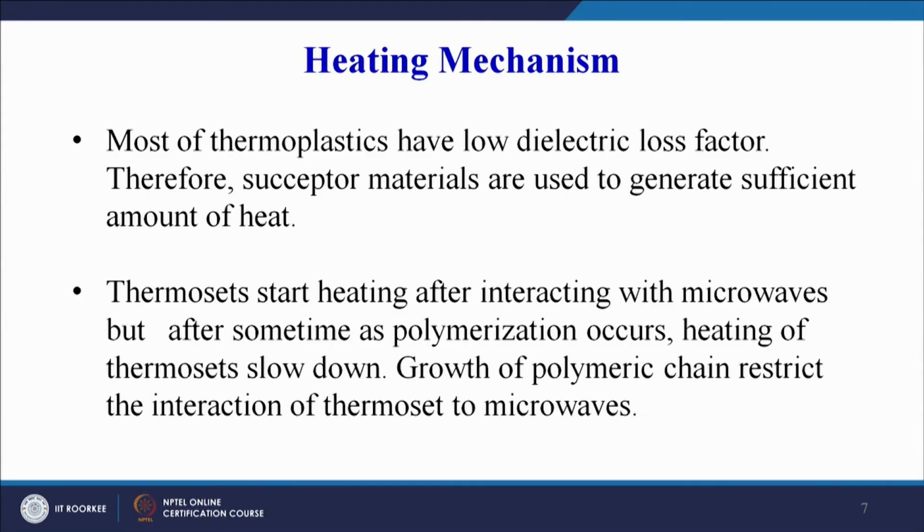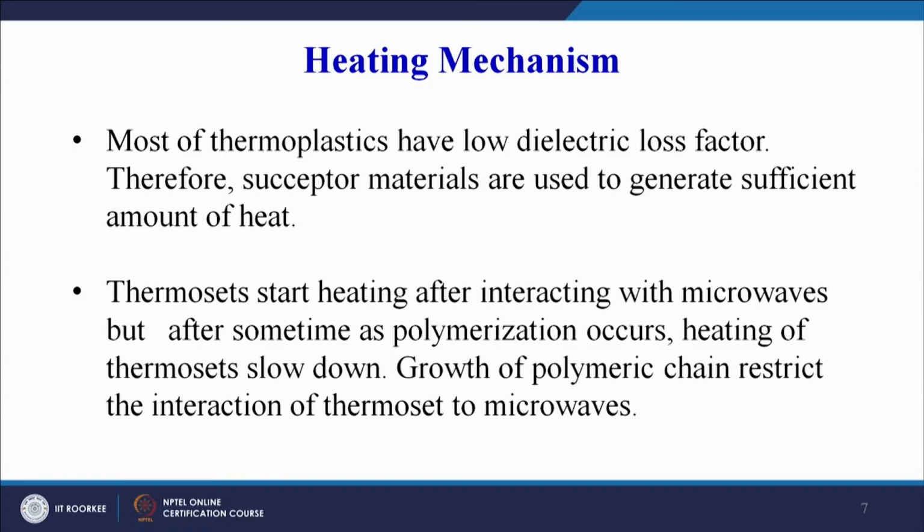In most thermoplastics, a low dielectric loss factor is noticed. Therefore susceptor materials are used to generate a sufficient amount of heat. Already I have told you that because they do not have a permanent dipole, there are challenges, but susceptor material can help us focus the microwave energy at a specific location, and that heat at a specific location helps us to make a composite joint.